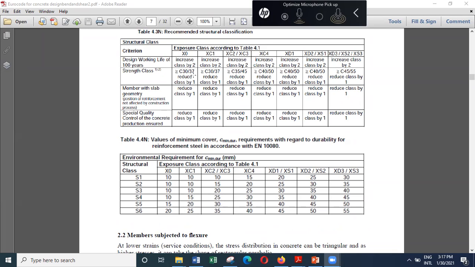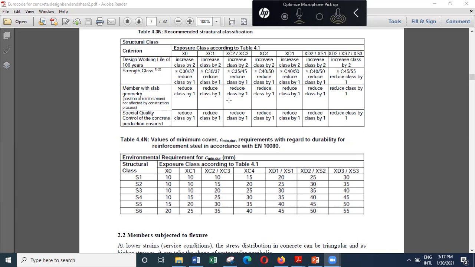But on the other hand, if you are going to use a concrete stronger than what is specified here, then you can reduce the class by 1. So if you are using 35 megapascal cylinder strength, then you can reduce the class by 1.